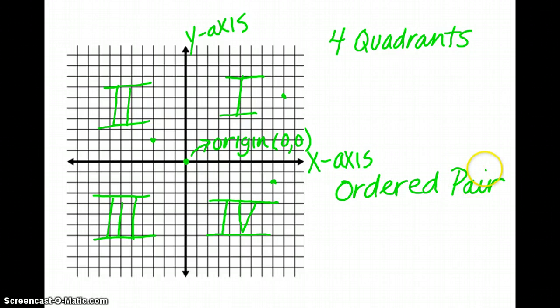Ordered because the x comes before the y, and a pair because it involves two numbers, something for x, something for y. So anytime you want to plot a point on the coordinate plane, or locate a point, or identify the ordered pair that a particular point is, you always start with the origin.